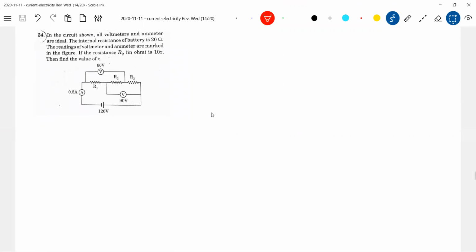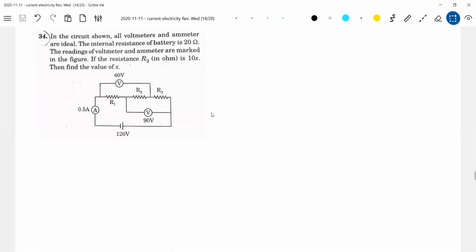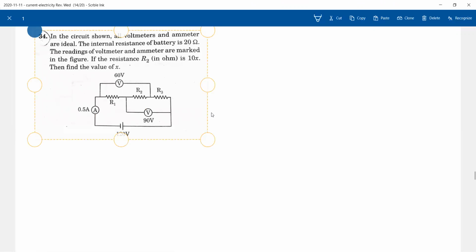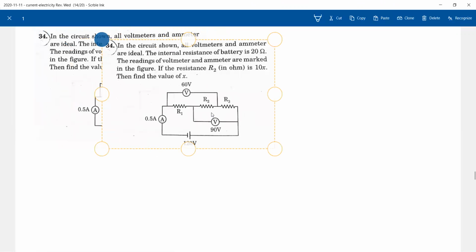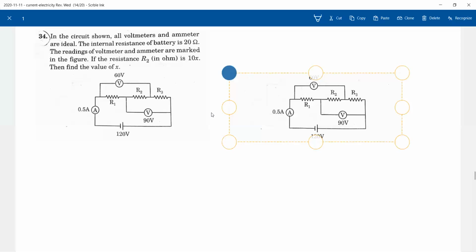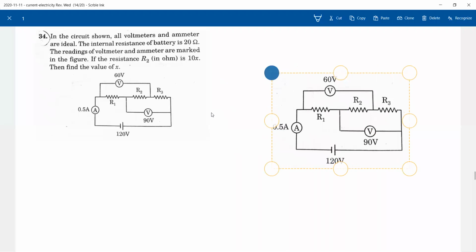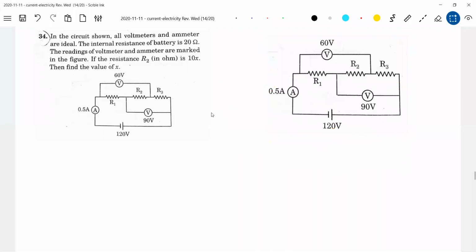This is a very, very simple problem. Current I will flow. The meters are ideal, no? So there won't be branching of current like the previous problem. So the current I will flow like this.